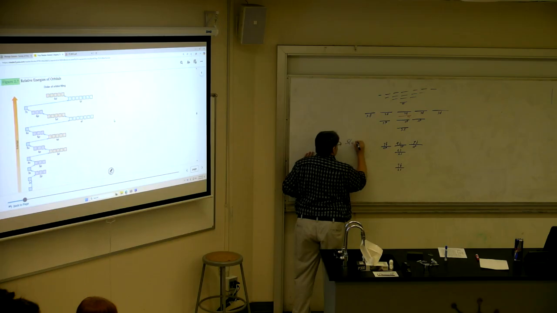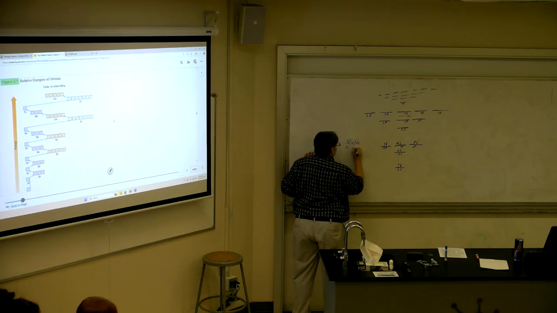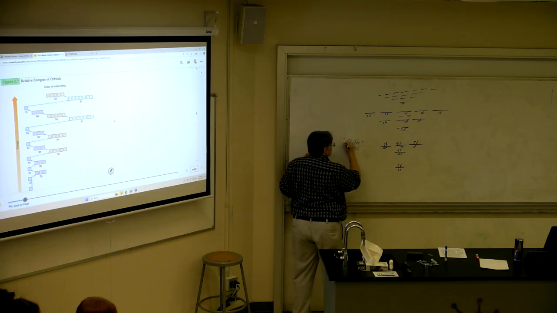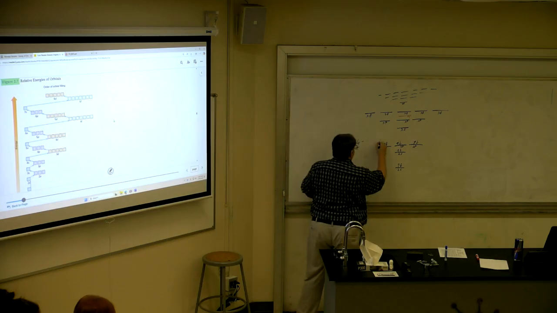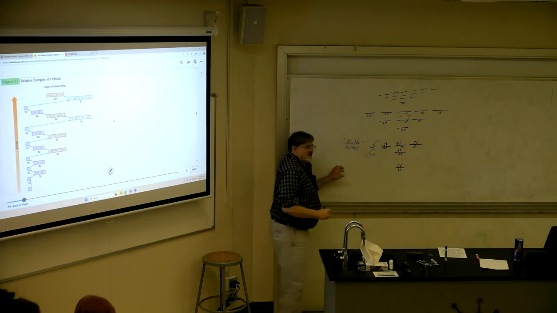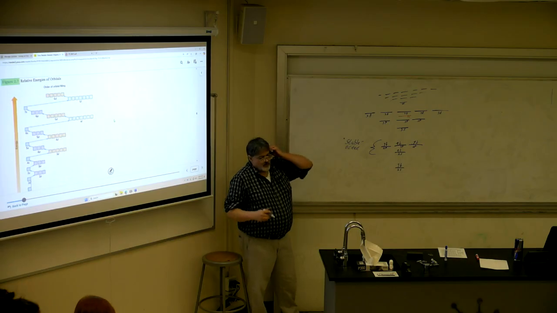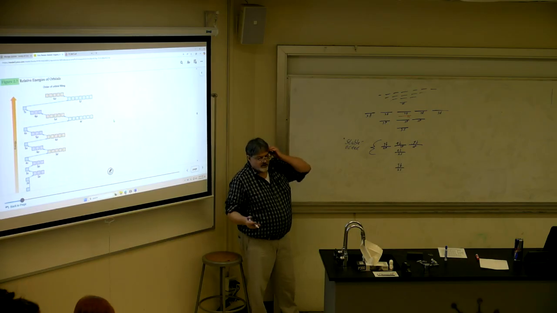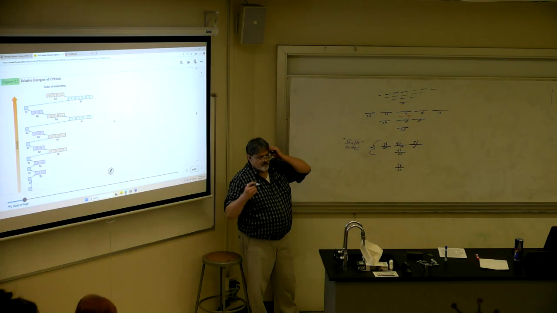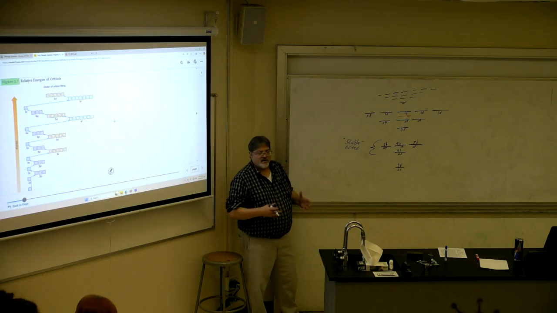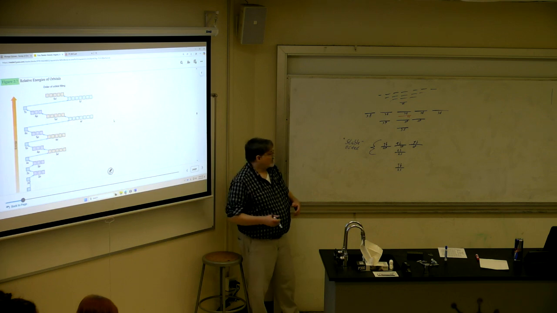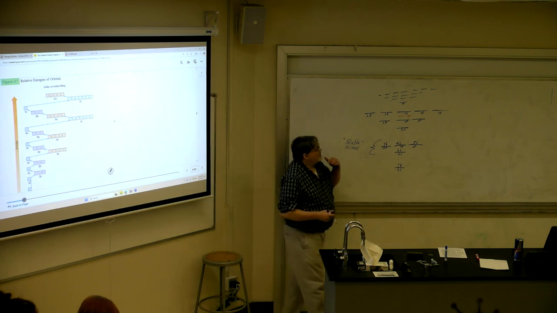And if I continue all the way across, that's the one on the very far right, neon. This is kind of a general rule, but the S and the P is full in the second layer.